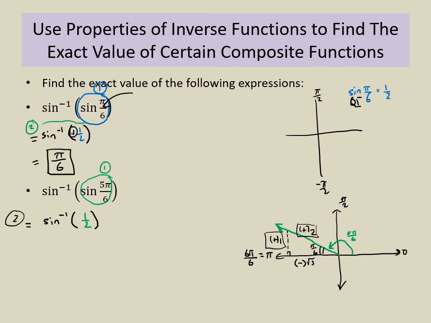What is the inverse sine of 1/2? Well, we actually just did that. It's the same as what we did in the first example. It's an angle in quadrant 1, the angle whose sine is 1/2, and that's the angle pi over 6. So the inverse sine of 1/2 is also pi over 6.